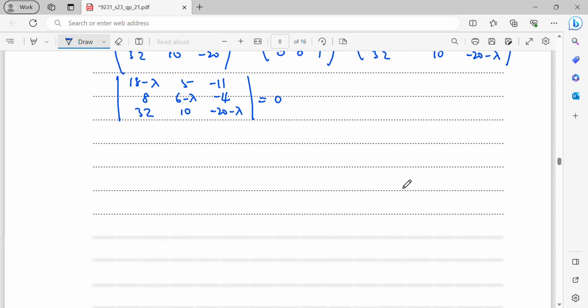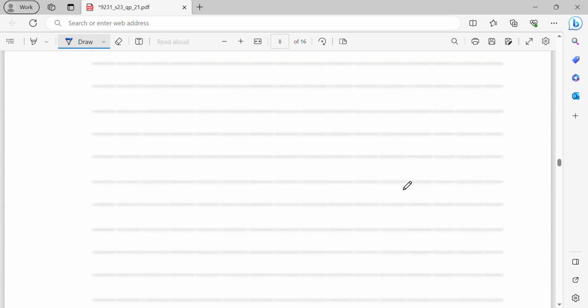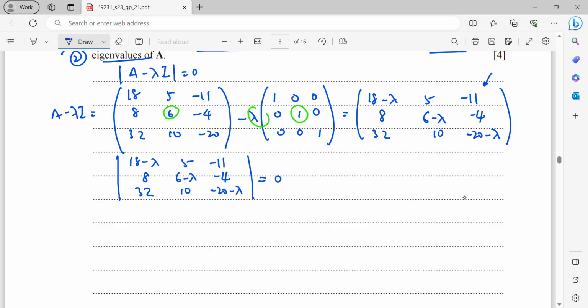Okay, now to get the determinant, when we get the determinant, we need to fix one row. So I will fix the first row. Then the sign will be plus, minus, plus for these three elements. Again, use the same method as in the first question just now.